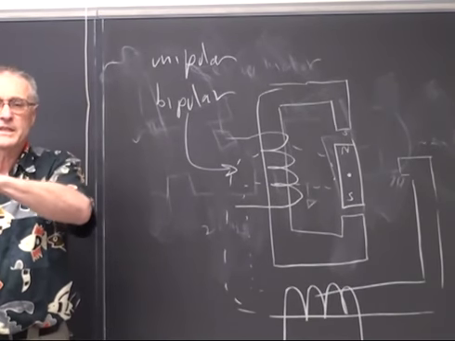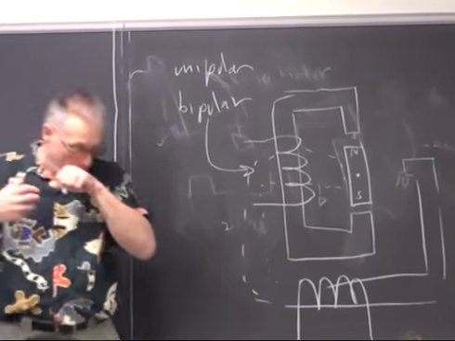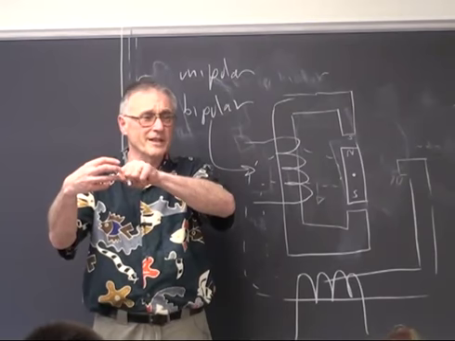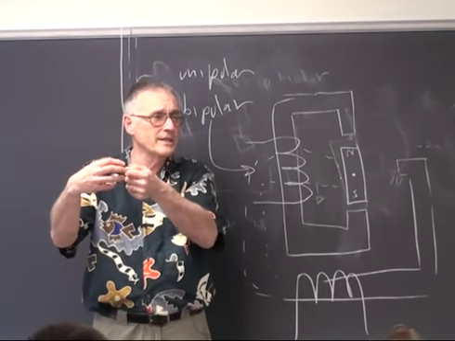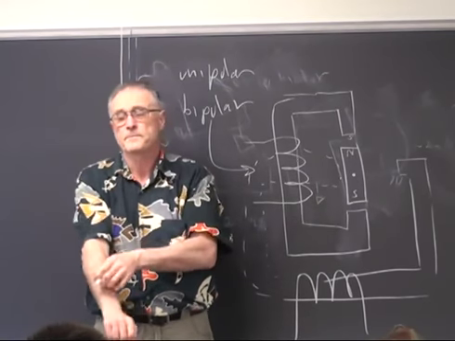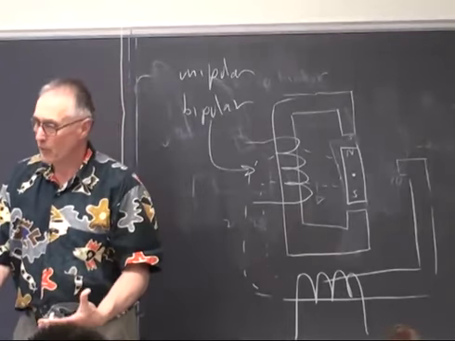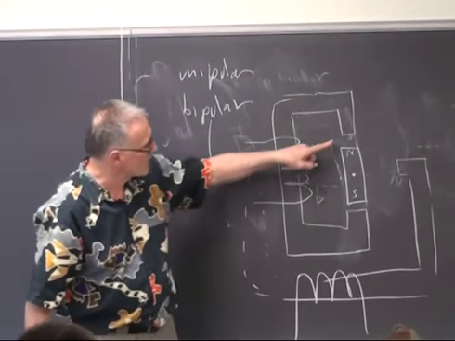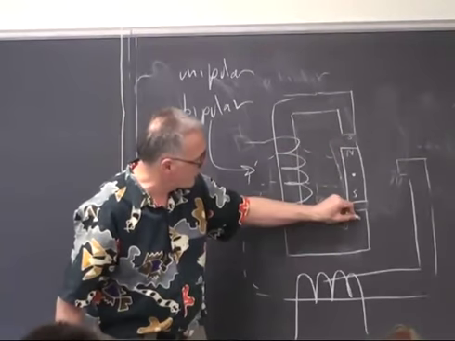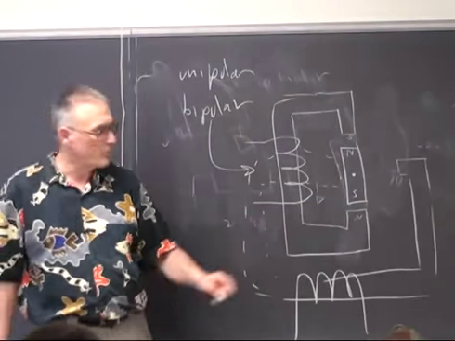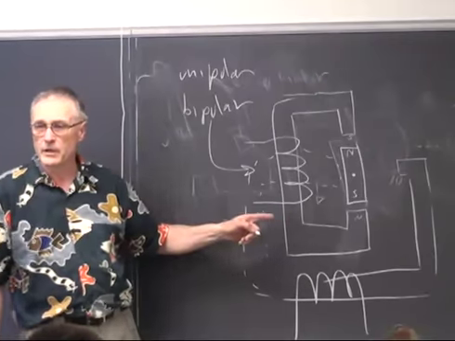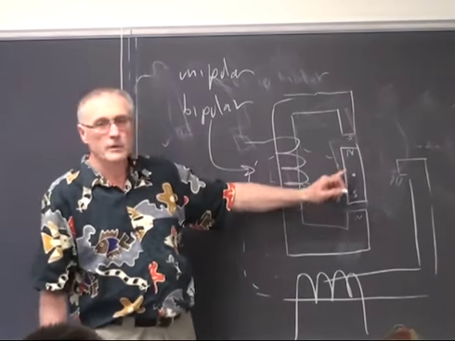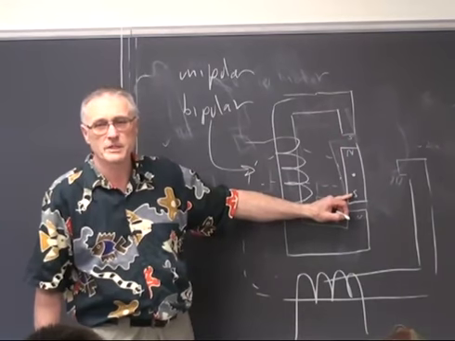And when you freely spin a motor, that's what you feel as sort of a clicking detent as you rotate the motor. To produce more torque, you put current through this coil in such a direction that this is a south pole and this is a north pole produced by the current flow. And that'll hold the motor actively at that position.